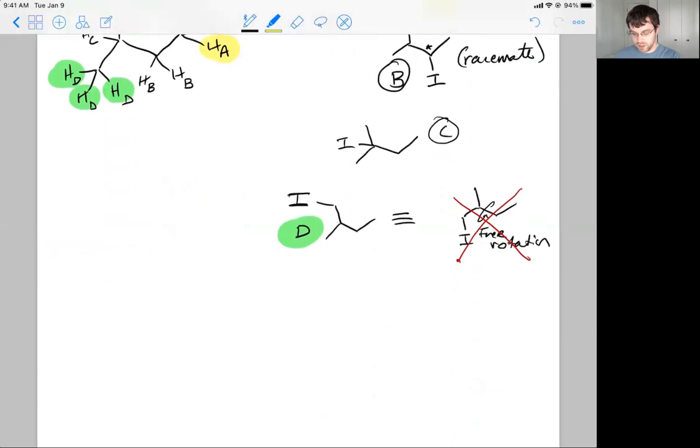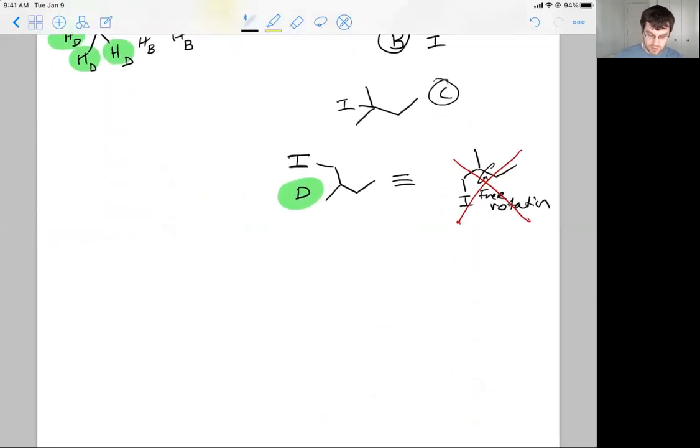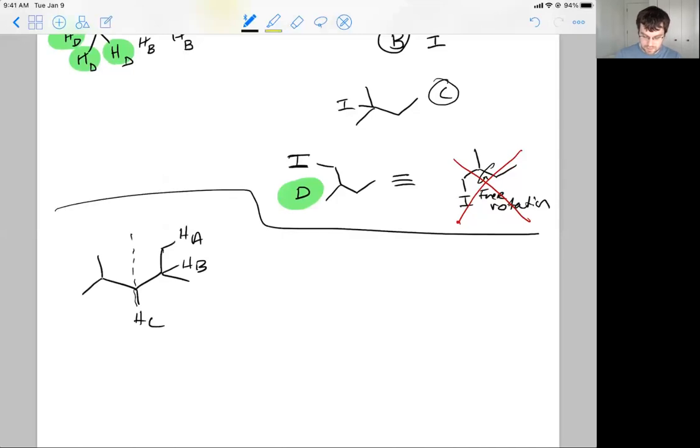We could introduce a plane of symmetry to make it so that the left side and the right side are the same. So we have a plane of symmetry here. We would then have an HA, an HB, and an HC, and that's it. Anything else would be a duplicate. So if we took this molecule, let's actually draw a reaction out. We'll get fluorine in the game.